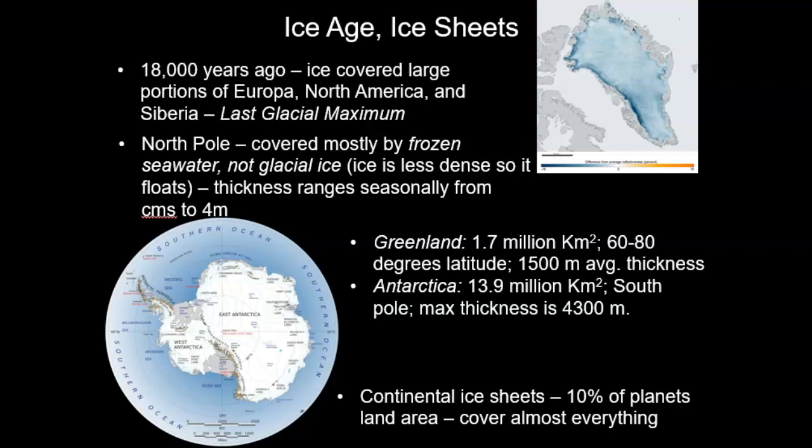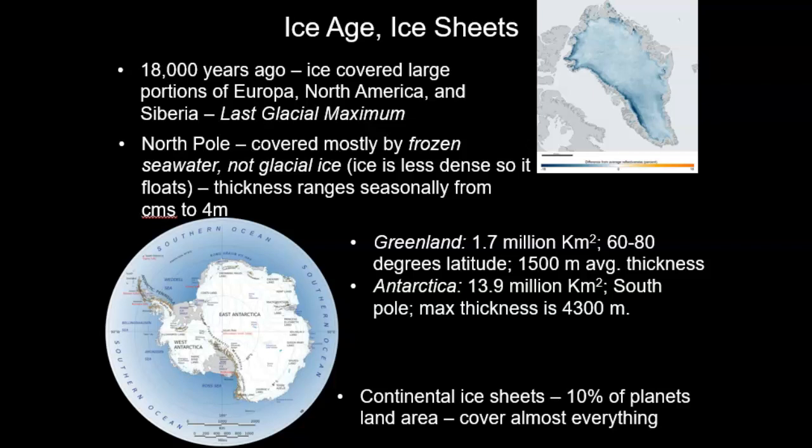In the southern hemisphere, we have the Antarctic ice sheet, and it attains a maximum thickness of 4,300 meters. Again, just to remind you, about 1,000 meters is about 3,300 feet. So 4,300 meters would be a little bit over 13,000 feet, close to 14,000 feet or so.